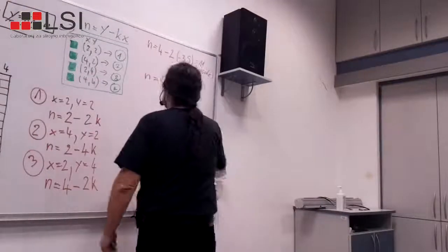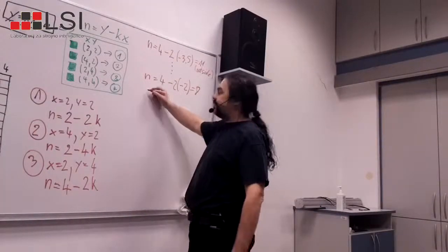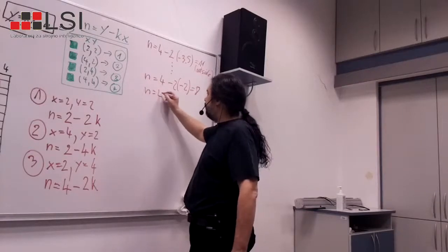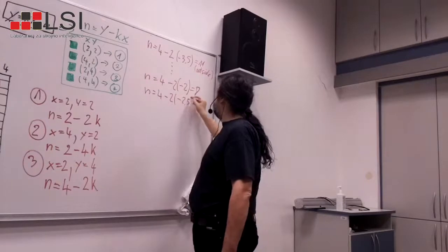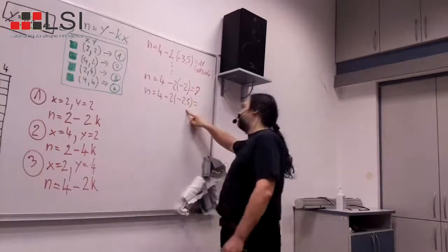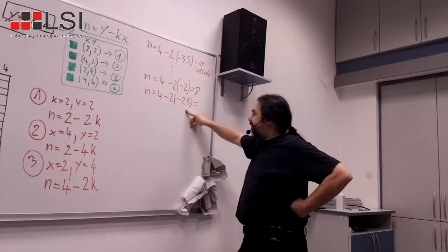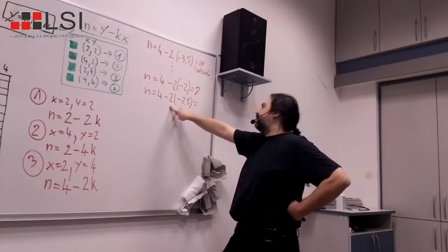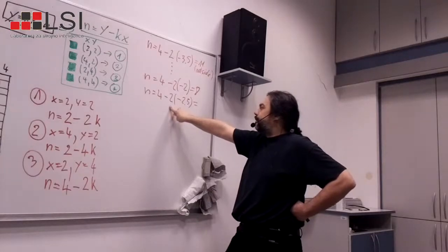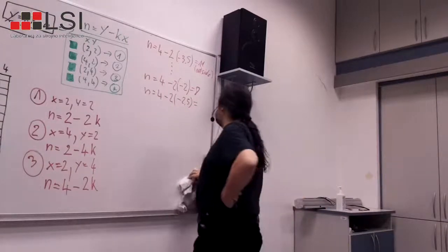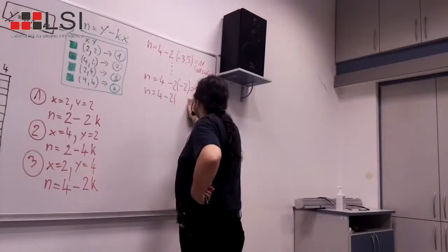So let's go on for 2 more values of k. So n is 4 minus 2 times, let's say, minus 2.5. This yields plus 5. Really? It should go in the other direction. This yields plus 5. It's not good.